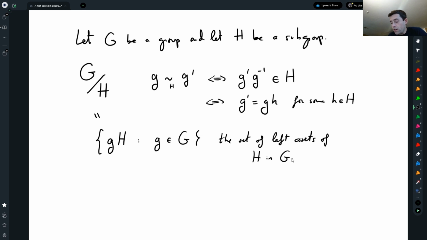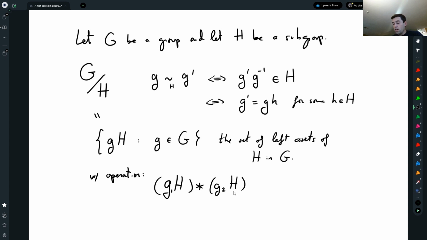If this is going to be a group, what is the binary operation defined by? Well, if I have this coset and I want to multiply it by this coset, there is only one sensible way of doing this. I hope that this is a binary operation, which is the coset generated by g1 g2.